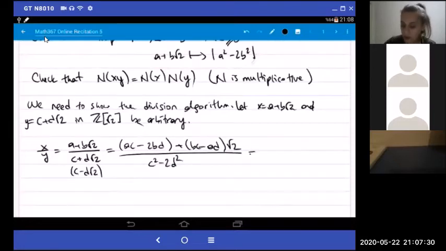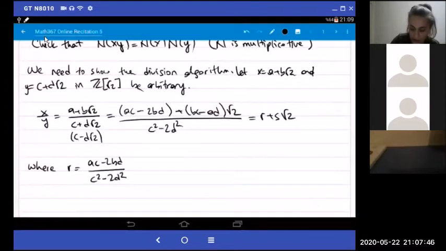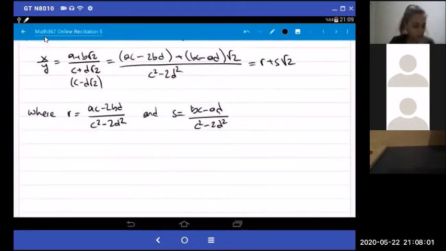Let us call it r plus s root 2, where r is equal to (ac minus 2bd) over c squared minus 2d squared, and s is equal to (bc minus ad) over c squared minus 2d squared. These may not be integers, so we have to do some more work.